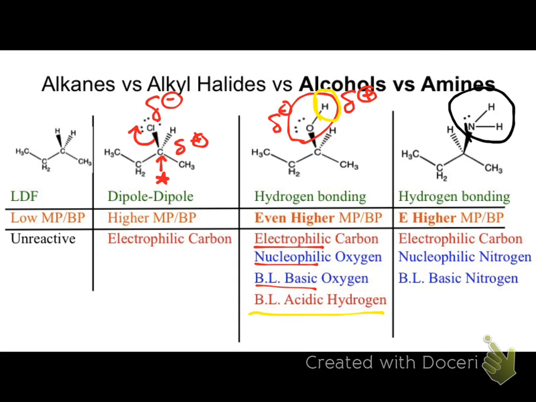How should they compare to the alcohols? That one's a little bit trickier. So our intermolecular force we typically base on the strongest force. And we've classified these both as hydrogen bonding.